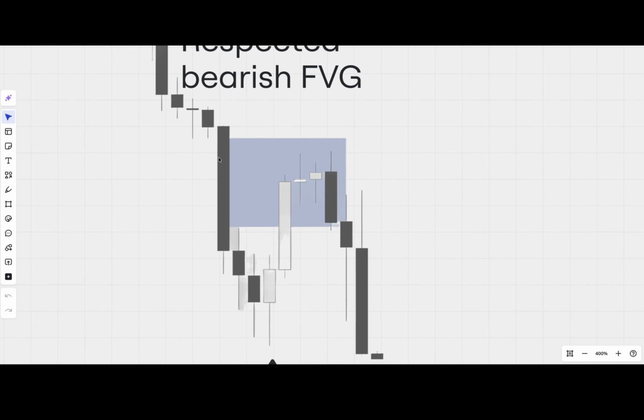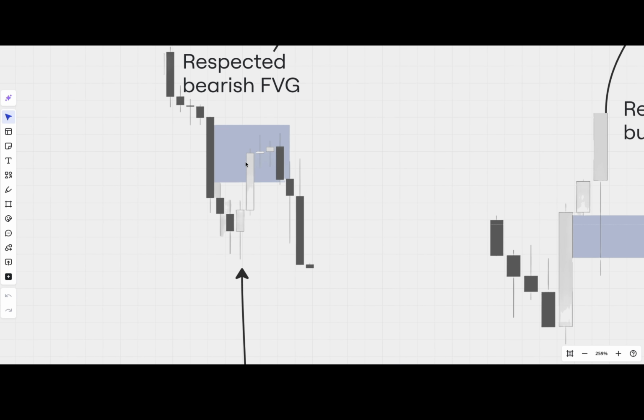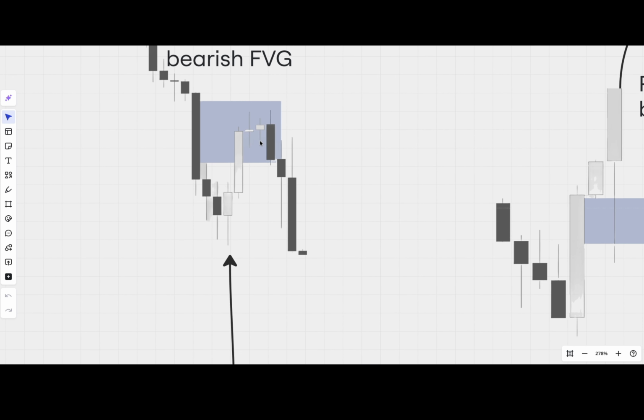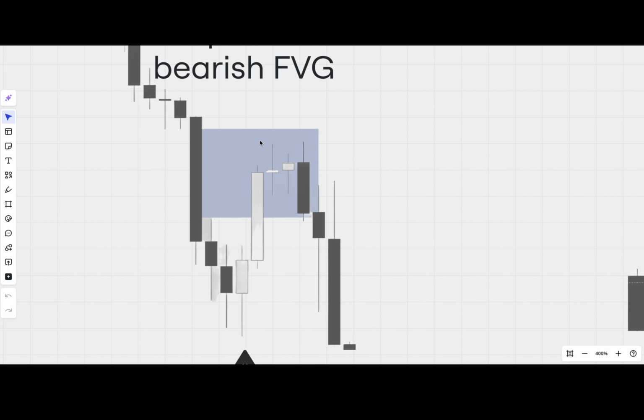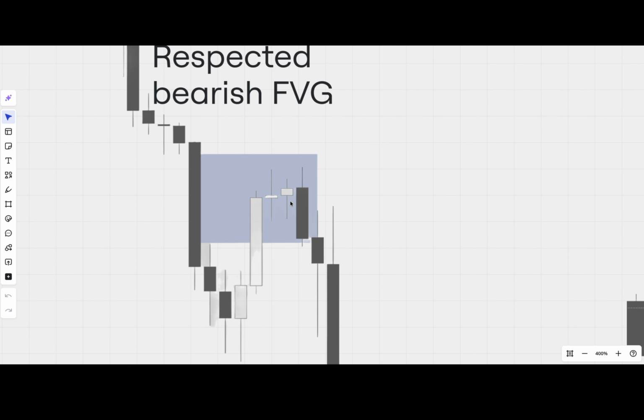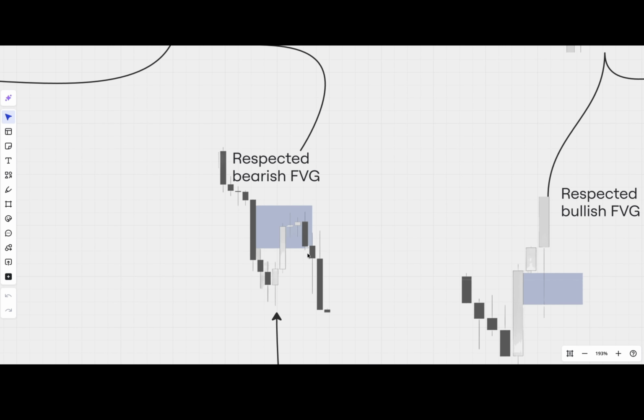Maybe there's some liquidity in here and we want to retrace to this fair value gap. And once we start to see displacement of some sort or a move lower, you can see that the fair value gap is going to get respected because price isn't breaking through this. Price started to slow down right here, and then eventually we got this downward candle.